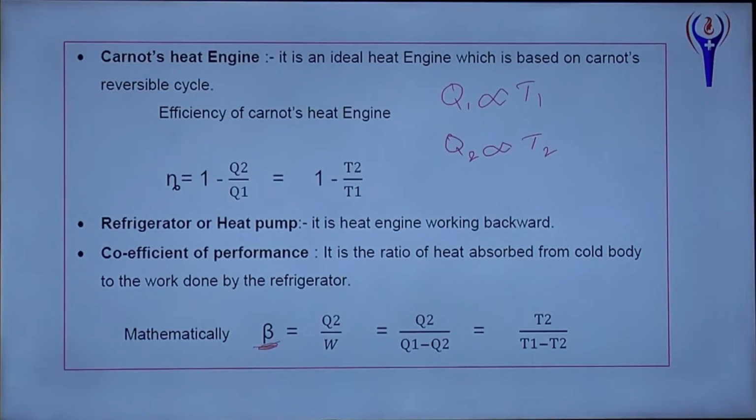That equals T2 by T1 minus T2. So beta equals T2 by T1 minus T2. This is the coefficient of performance.